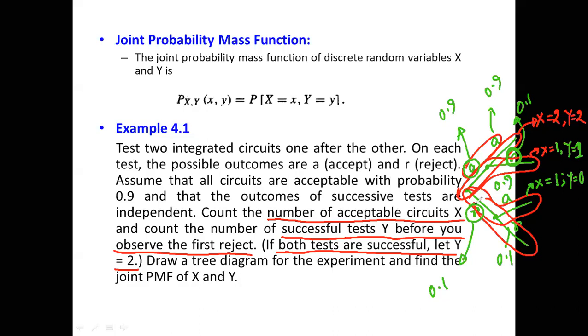Is it clear, everyone? Yes, sir. So the fourth one, what is the value of X? Sir, X equals 0. X equals 0 and Y equals what? Sir, Y equals 0 as well, because before the reject there is no acceptance.